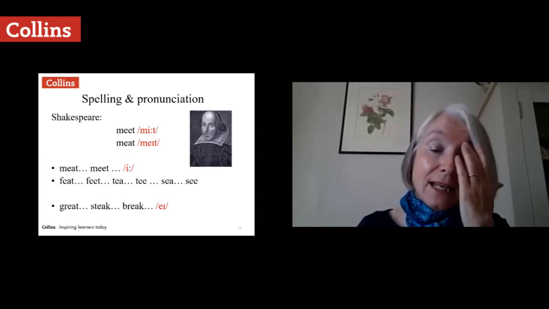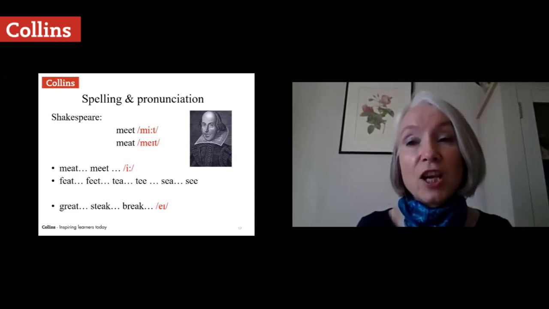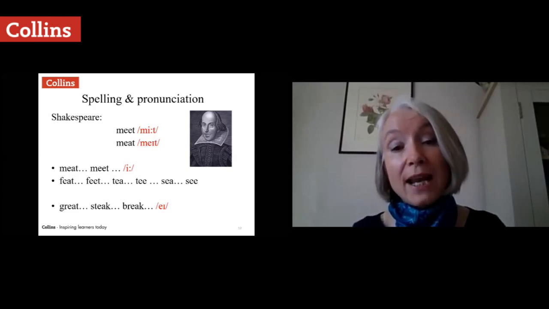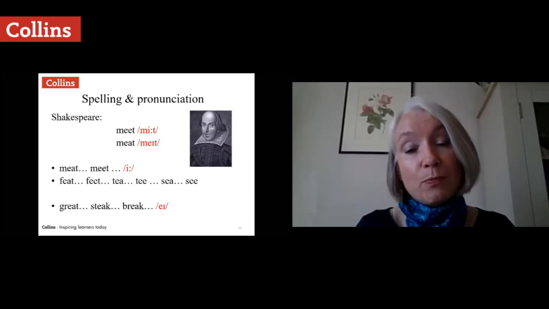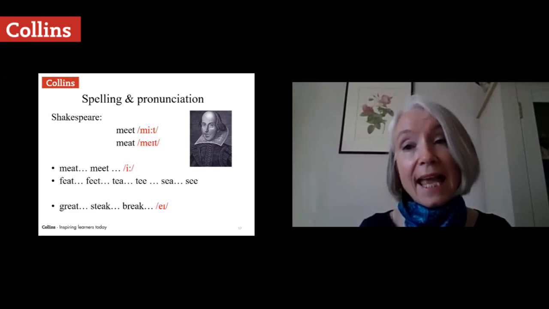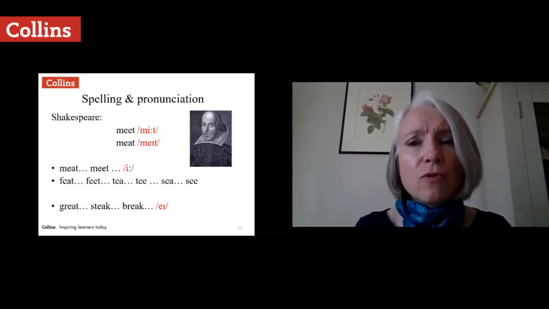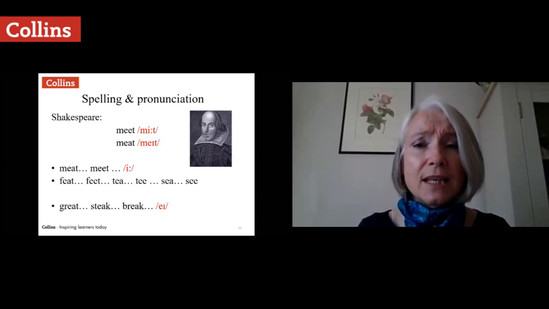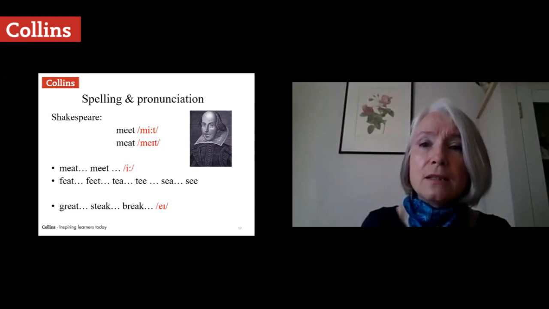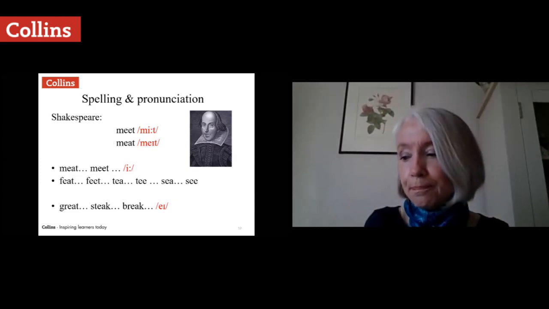But it does sadly mean that for us, when we're teaching, we have to teach that EA can say the sound A in words like great, steak, and break, but it can also say the sound E, as in tea and meat, and sea. So these are all irregularities and difficulties that have evolved through the history of the language, and it's not a consistent evolution.